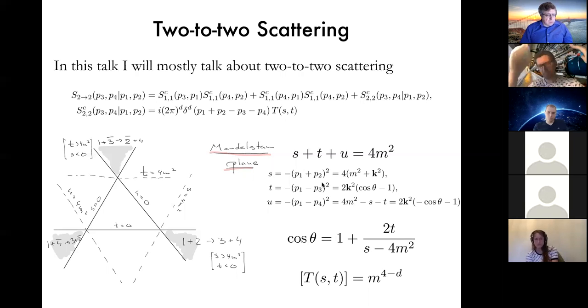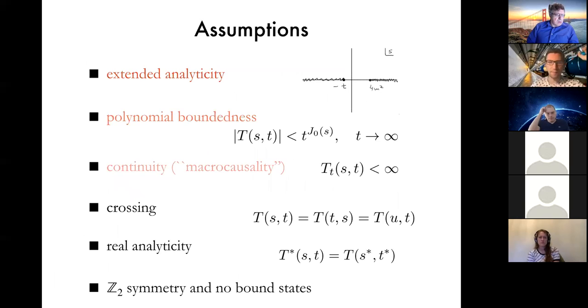Basically you have an energy and an angle, and depending on where you are on this Mandelstam plane of S, T, and U, you describe different processes. If S is larger than 4m squared and T is negative, you are in the channel 1, 2 goes to 3, 4. If T is larger than 4m squared and S is negative, you go to 1, 3 to 2, 4, etc. This is the standard stuff. So the rest of the talk is about this function of two variables.